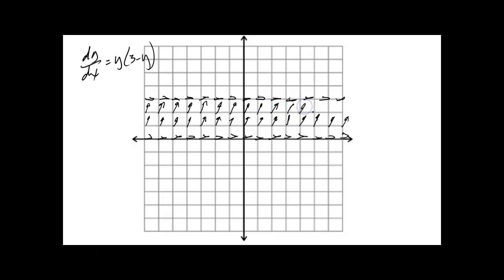Now, get above that, y is equal to 4, and then you have 4 times a negative 1, so suddenly here you have a negative 4 slope, really steeply down, okay?